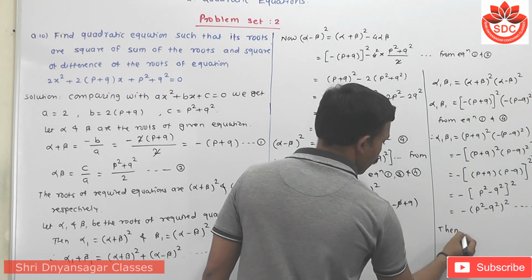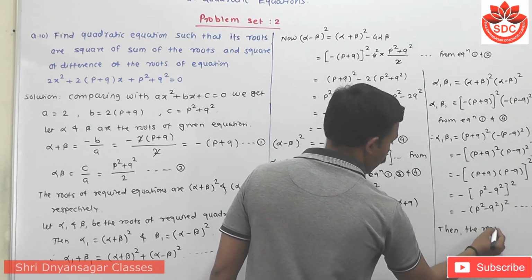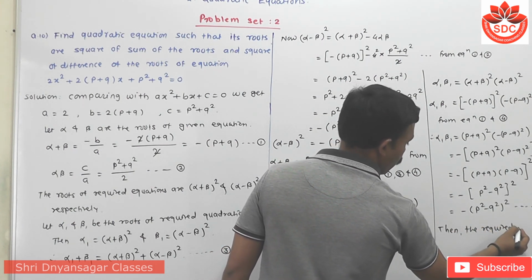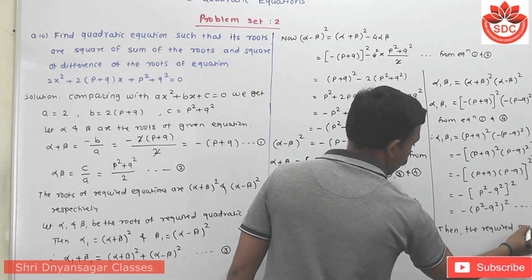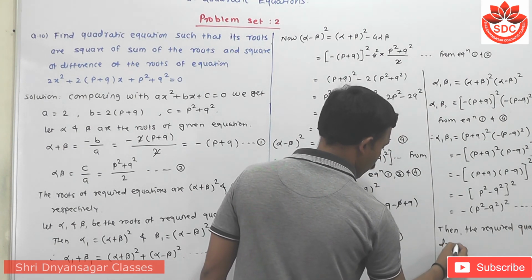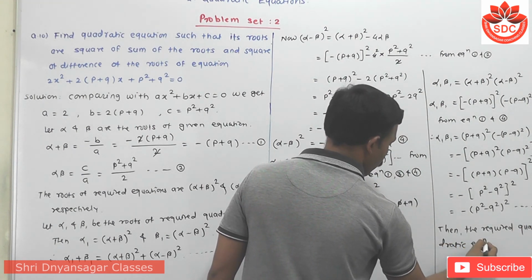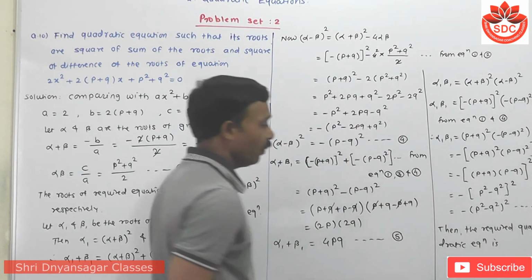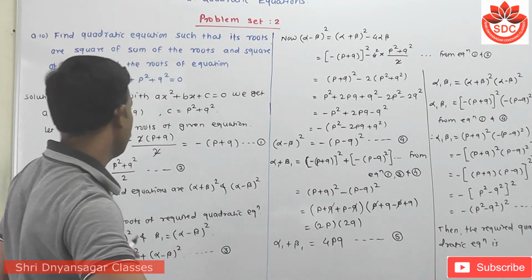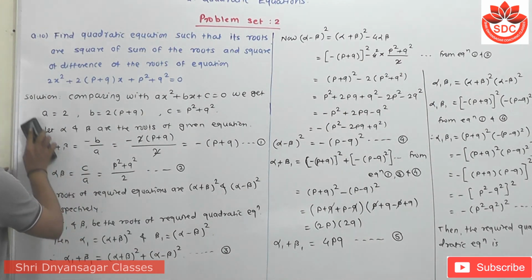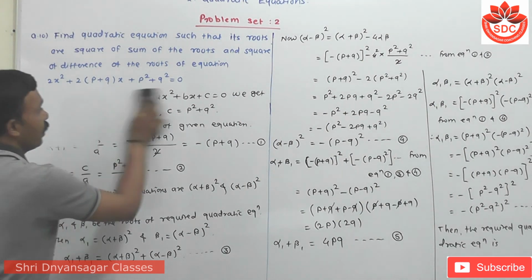Then the required quadratic equation is, now I have to use this portion here. We use this portion to solve the remaining example.